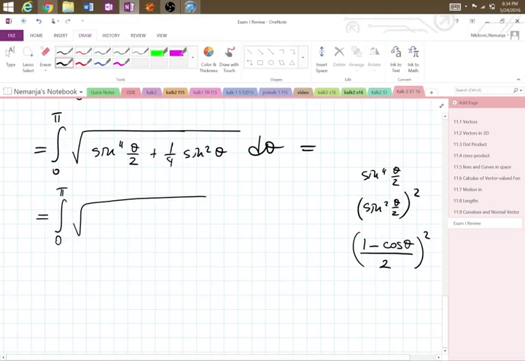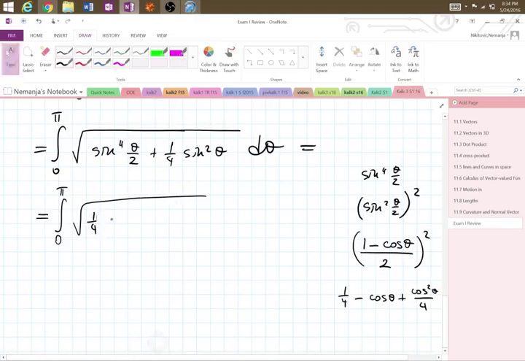And now we can FOIL this. We get 1/4 minus cosine theta plus cosine squared theta over 4. So I have 1/4 minus cosine theta plus 1/4 cosine squared theta plus 1/4 sine squared theta, d theta.